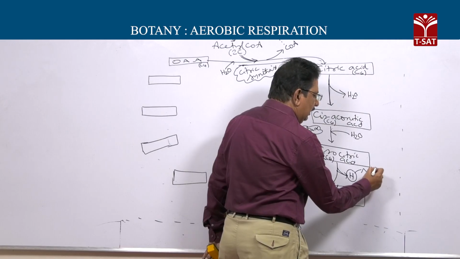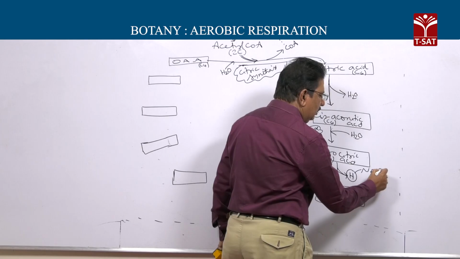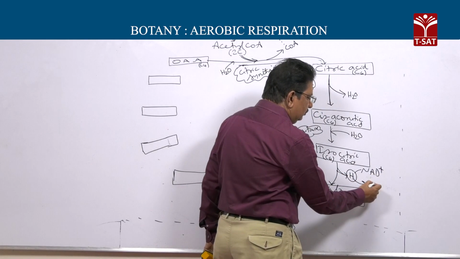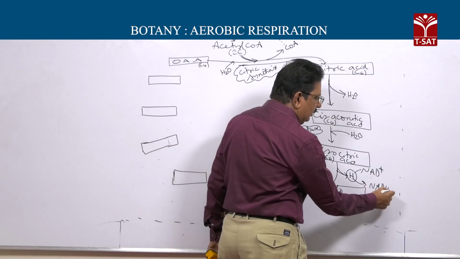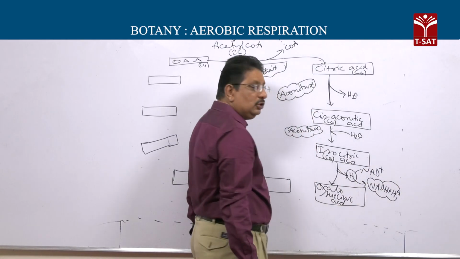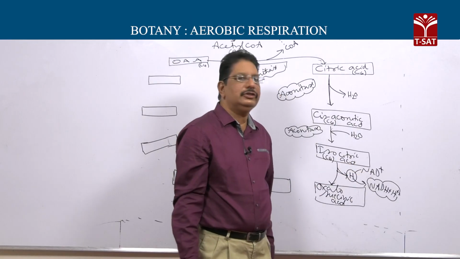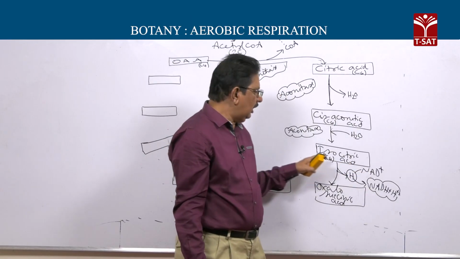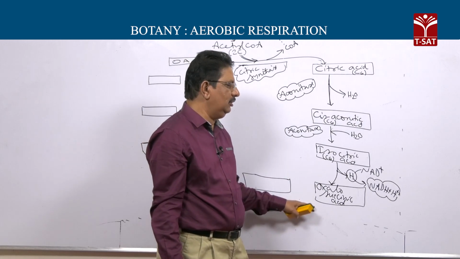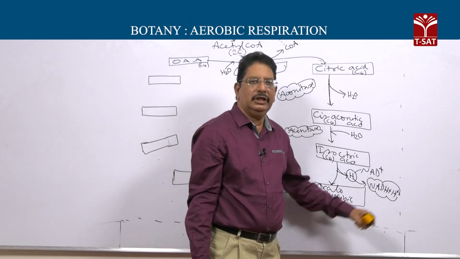These hydrogens are accepted by NAD+, because NAD+ is a good hydrogen acceptor, and it converts into NADH+H+. So what happened here? Isocitric acid is oxidized and NAD+ is reduced. Isocitric acid is oxidized into oxalosuccinic acid and NAD+ is reduced into NADH+H+.